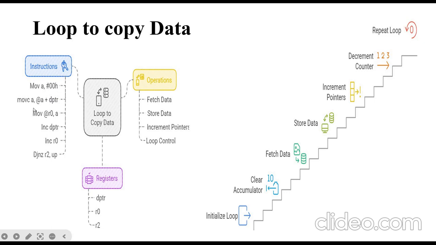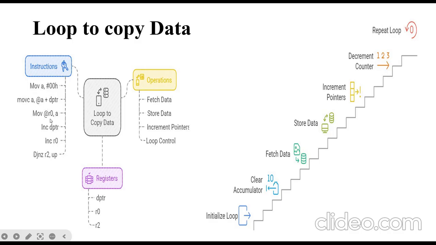Then the next instruction is MOVC A, @A+DPTR. This instruction fetches the byte from the address pointed to by the DPTR and places it into the accumulator A. This @A+DPTR addressing mode allows accessing the data table.